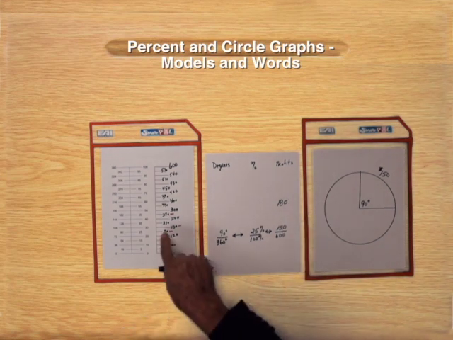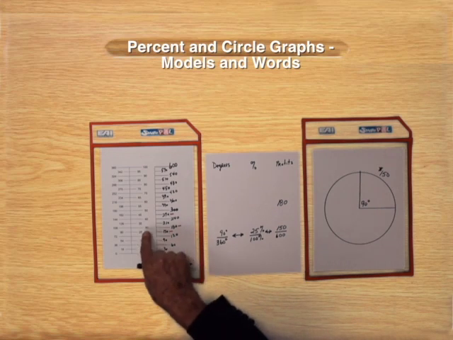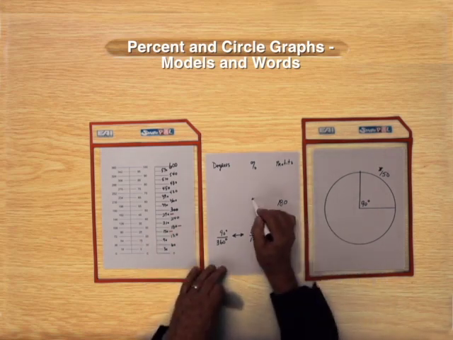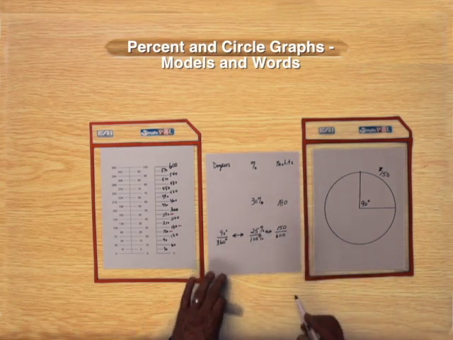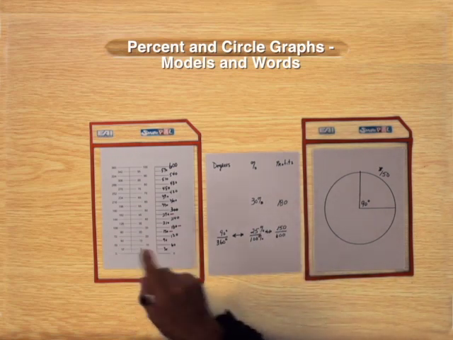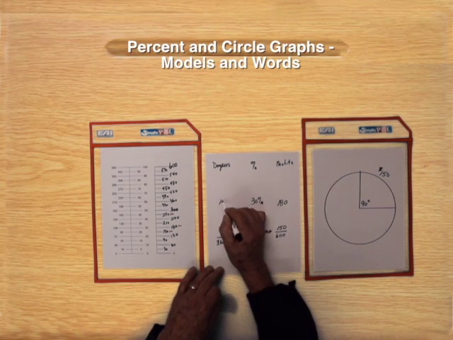$180 is in the same relative position as 30%, which is in the same relative position as 108 degrees.